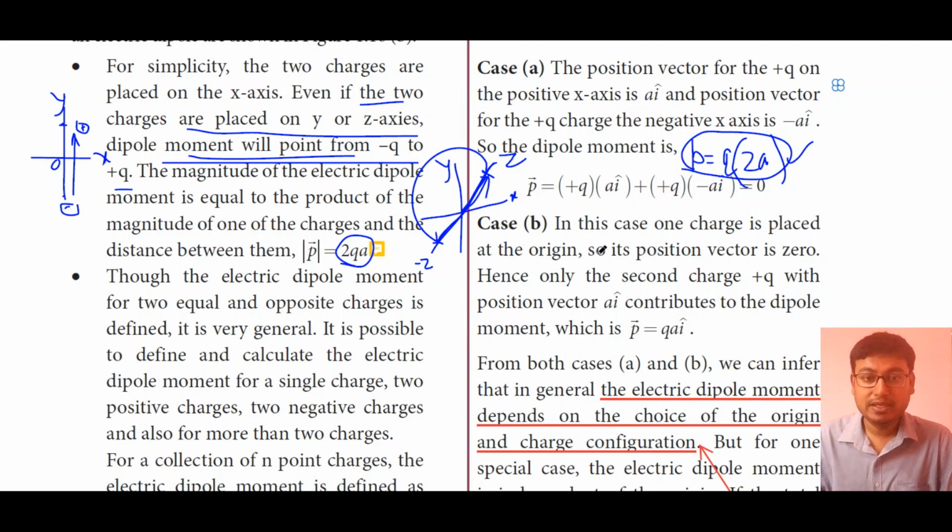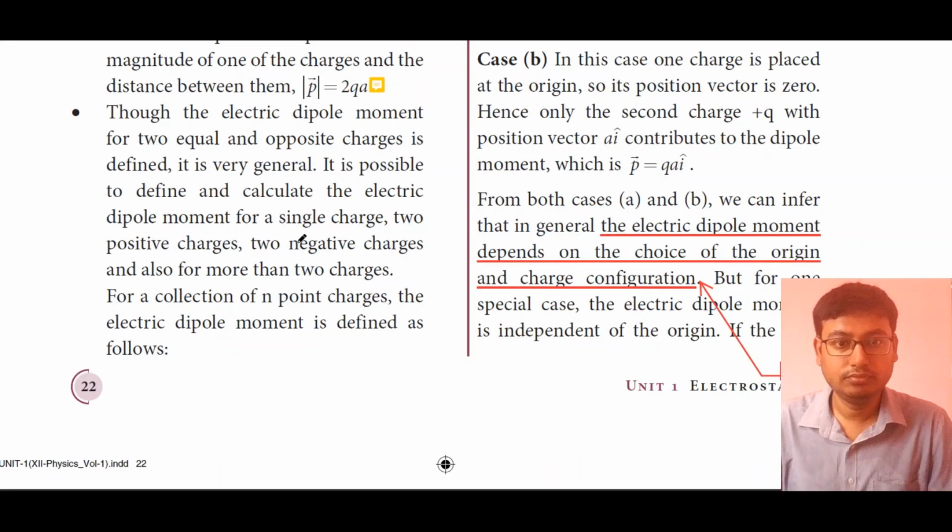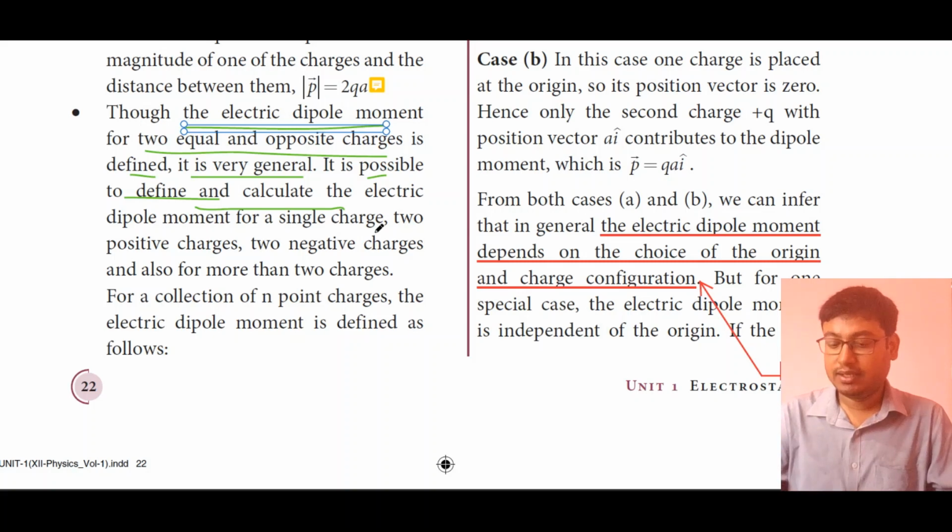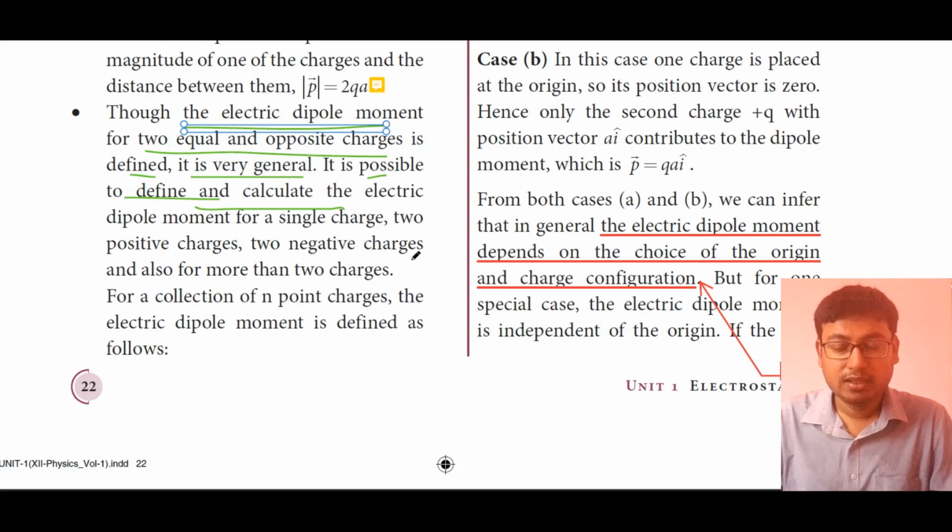Okay, now coming to the next point, but before that, let me erase all those things. Though the electric dipole moment for two equal and opposite charges is defined, it is very general. It is possible to define and calculate the electric dipole moment for a single charge also. Even if there is only one charge, you can find the dipole moment because of that charge at a particular distance.